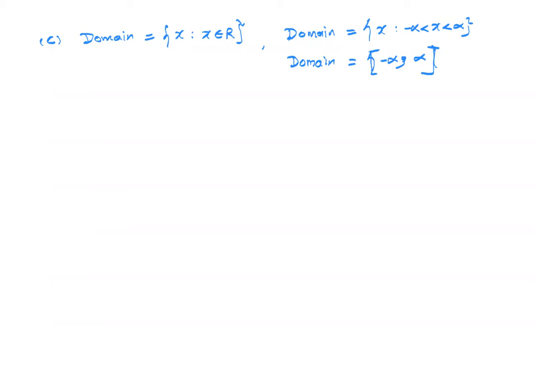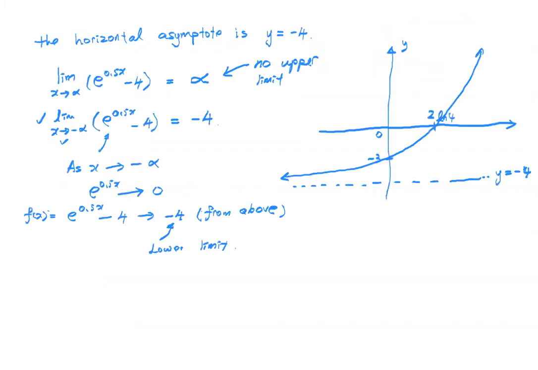Same goes with range. Okay, so in this case, what is the range? Range are the possible values for y. So if you look at this graph, and if you look at this is the lower limit, what does it tell you? That means it's telling me my f(x), which is the y, is always greater than -4.